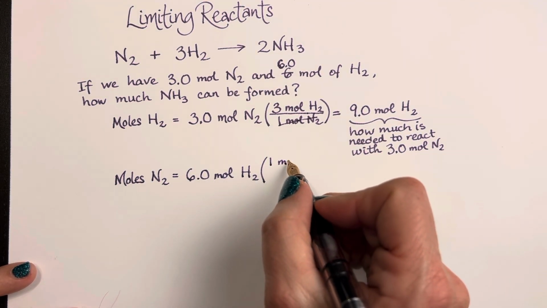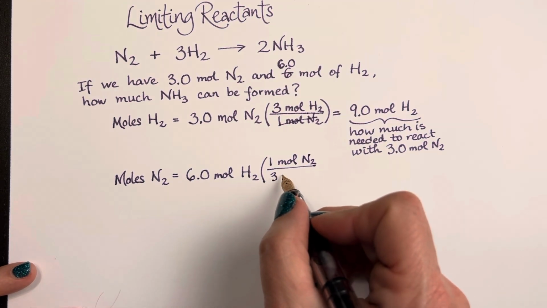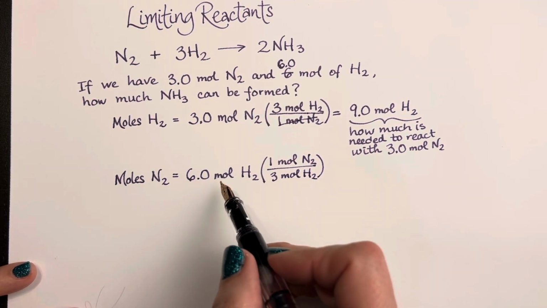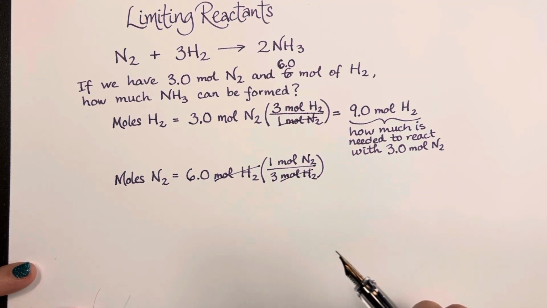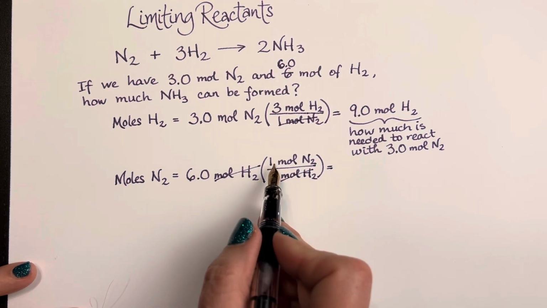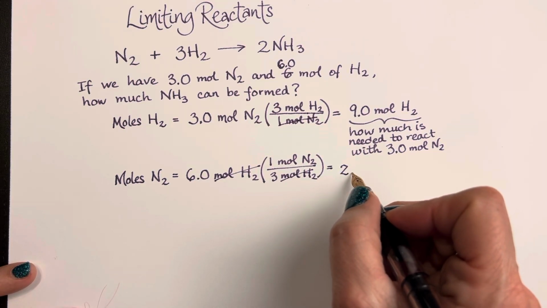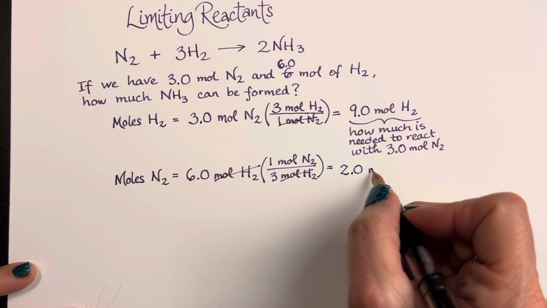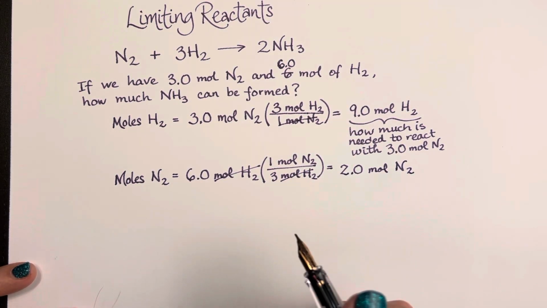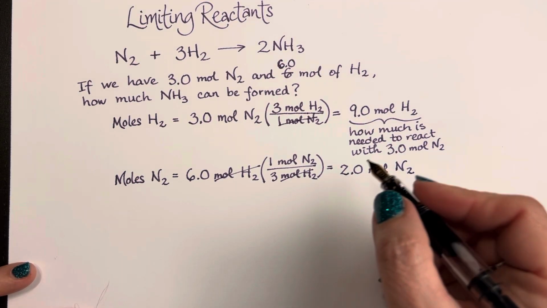There's 1 mole of nitrogen to 3 moles hydrogen. Now moles of hydrogen cancels out, and we would get 6 divided by 3, 2 moles of nitrogen.